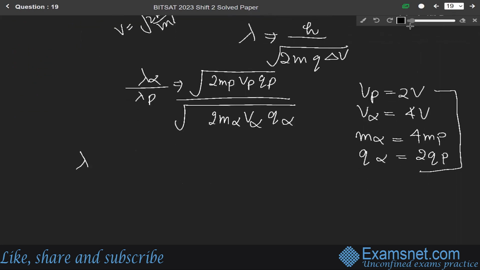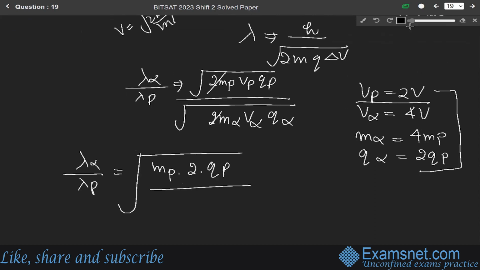Okay, so λ_alpha over λ_p will be equal to, this 2 cancels, mass of proton write as Mp only, and Vp, that is 2 volt, into Qp, over M_alpha which is 4 times Mp, into V_alpha which is 4 volt, into Q_alpha which is 2 Qp.